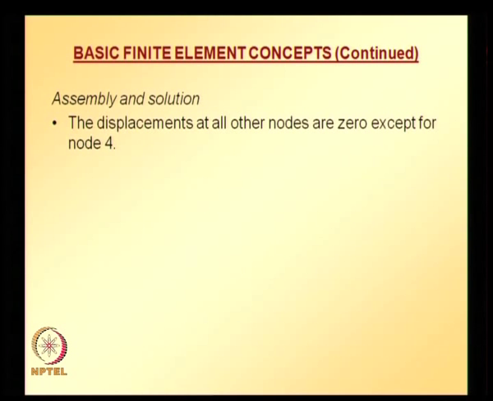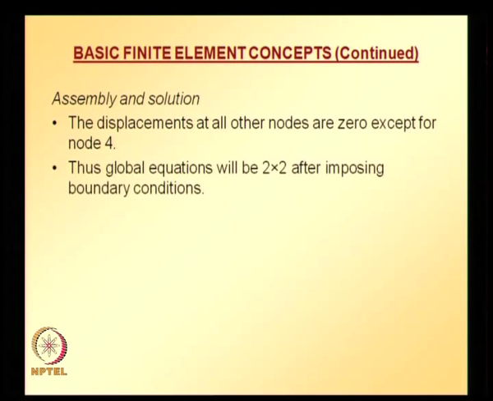Instead of assembling the entire global stiffness matrix, we can assemble directly the reduced stiffness matrix or reduced equation system. So, the global equations will be 2 by 2 after imposing the boundary condition. This is a 2 dimensional or 2D plane truss problem, and there are 4 nodes. So, at each node you have 2 degrees of freedom.